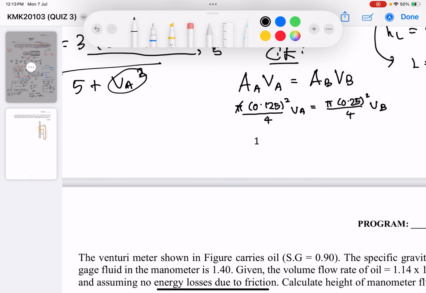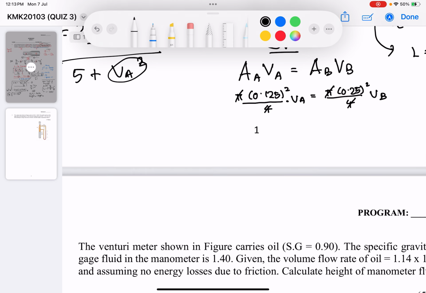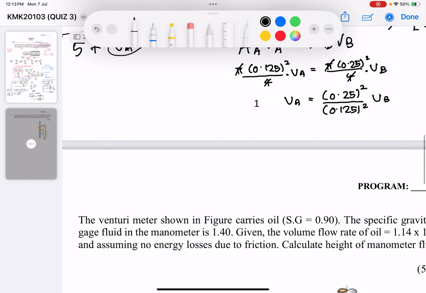Both sides have pi over 4, so I can cancel it out because the operation here is multiplication. Then I can say that VA equals 0.25 power of 2 divided by 0.125 power of 2 multiplied by VB. Solving this, I get VA equals 4 multiplied by VB.